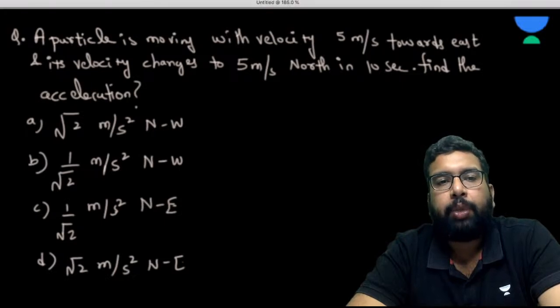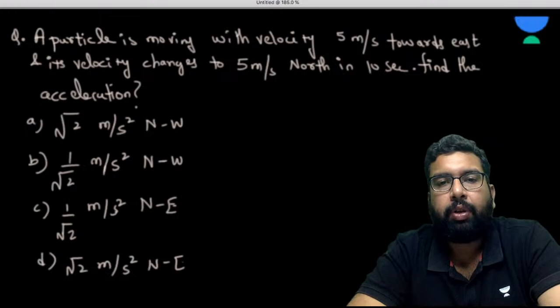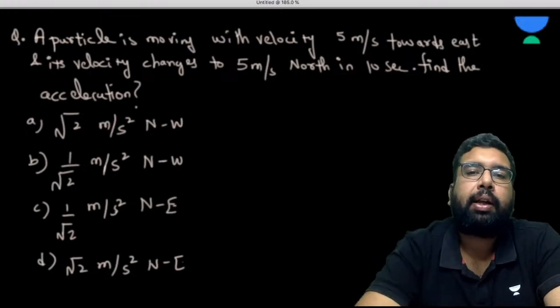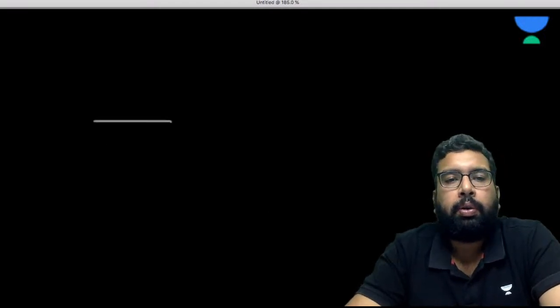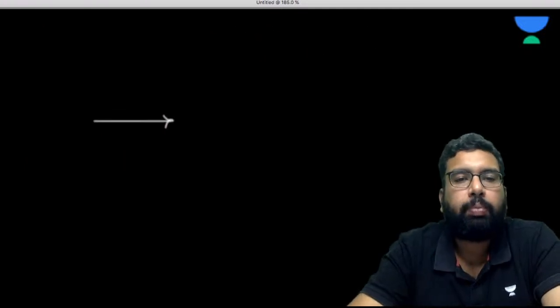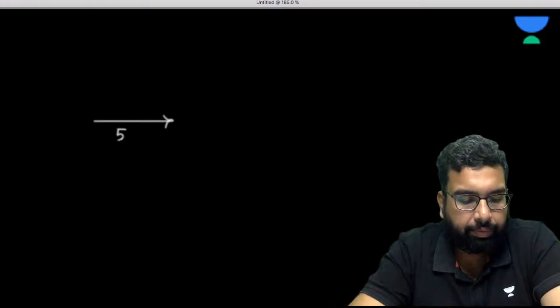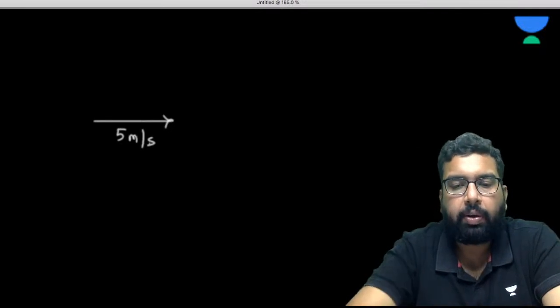Now please see. A particle is moving with velocity of 5 meter per second towards east and the velocity changes to 5 meter per second north in 10 seconds. Find the acceleration. Now what are we supposed to do? We have the velocity of 5 meter per second towards east, so something is moving. No problem, you can always watch the recording.